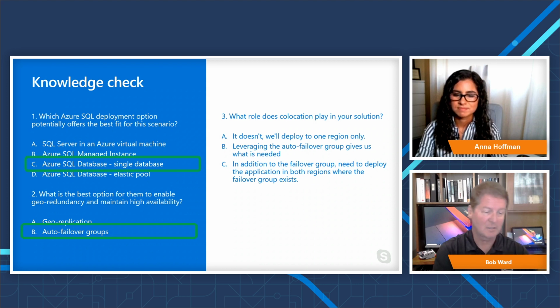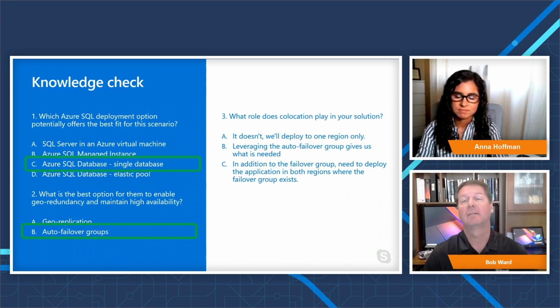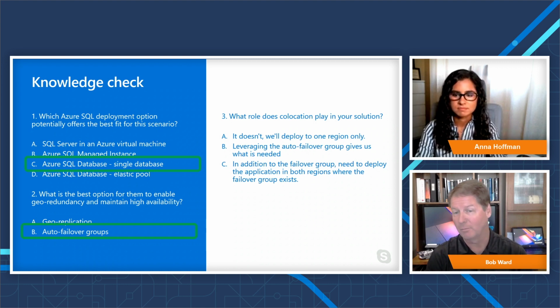So A to me doesn't apply because of that, right? And for B, auto failover just doesn't give you what you need for application redundancy. Again, remember, you get application abstraction, but not redundancy. So for me, C has to be the answer because of that requirement listed here in the scenario.